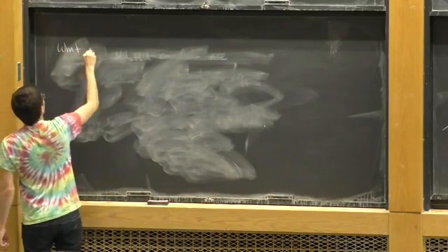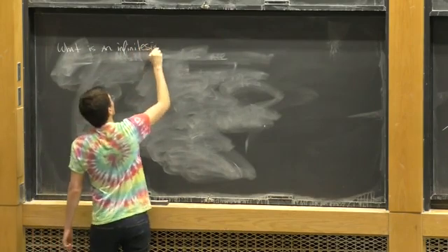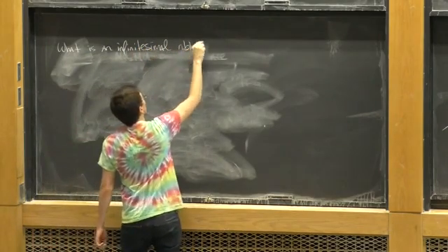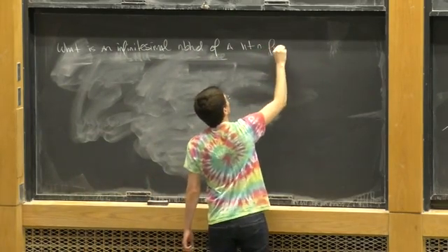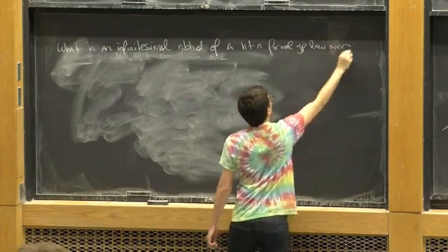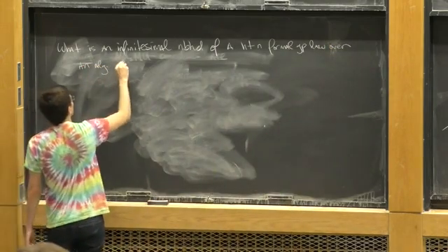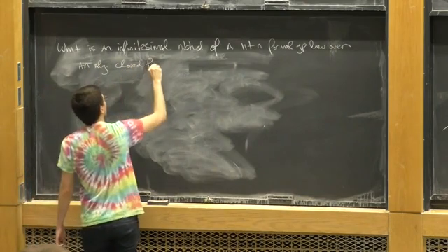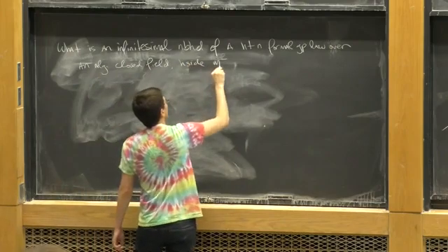So what is an infinitesimal neighborhood of a height n formal group law over a field inside MFG?